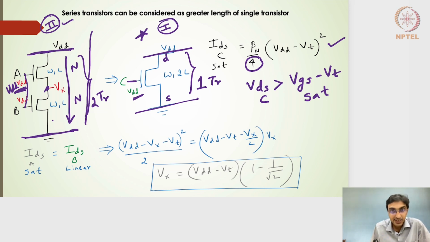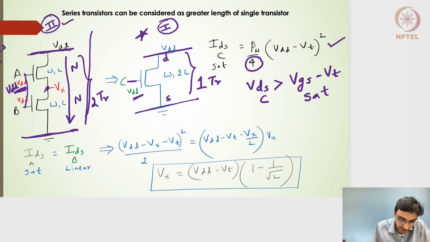Now let's see this particular transistor A. If I write it here, transistor A, on one side it is VDD and on the other side it is the Vx potential. The current here I'm going to write as IDS of A, and what should be the operating region, whether it should be the linear region or the saturation region.